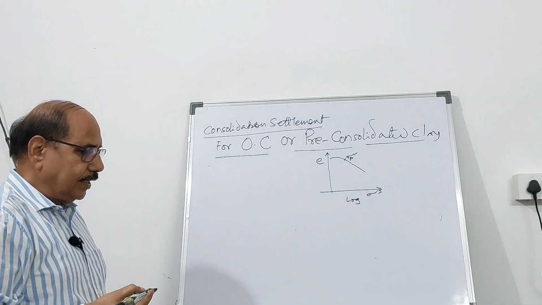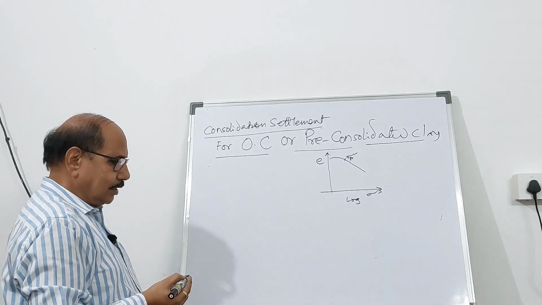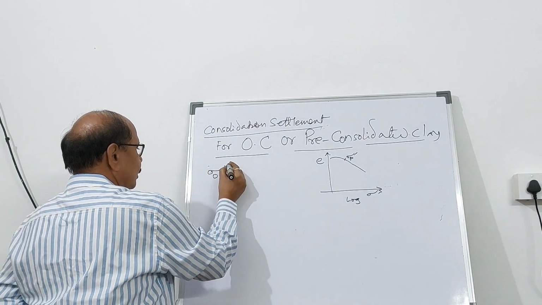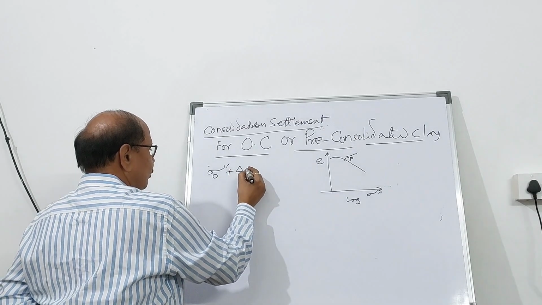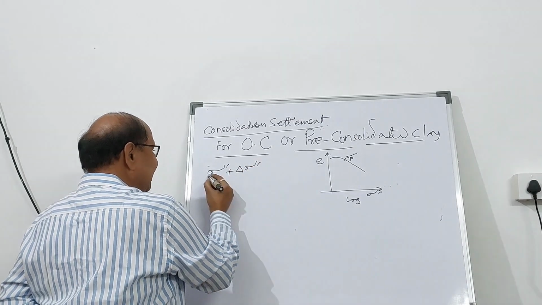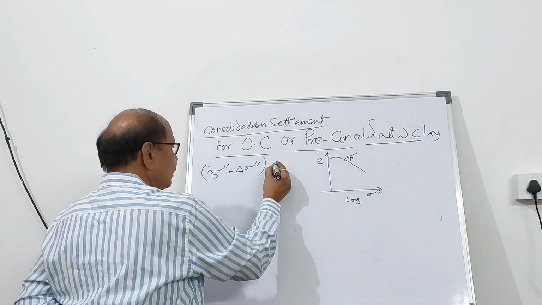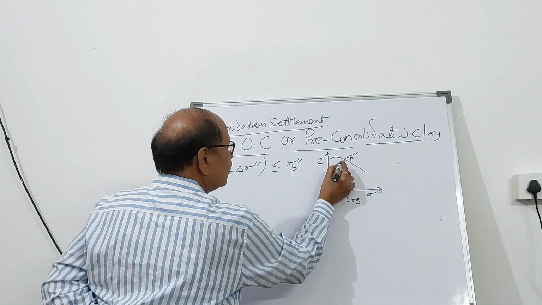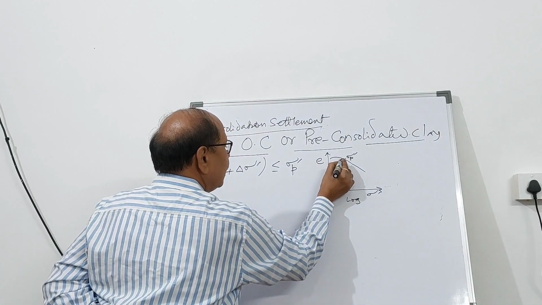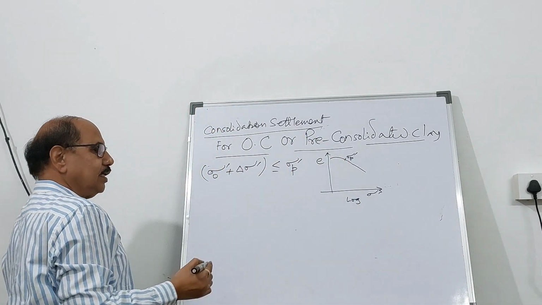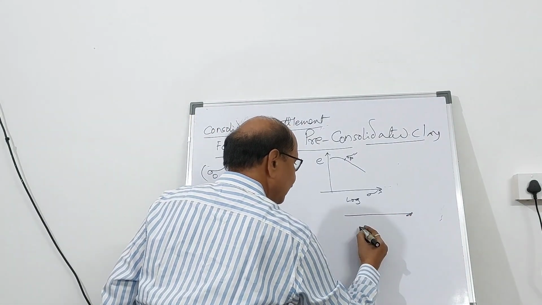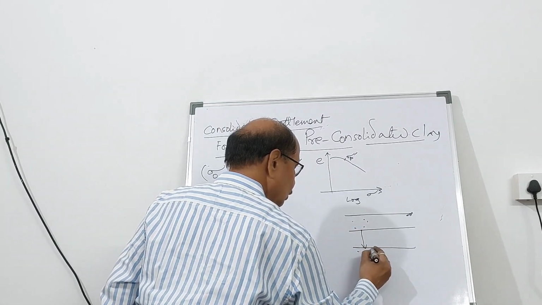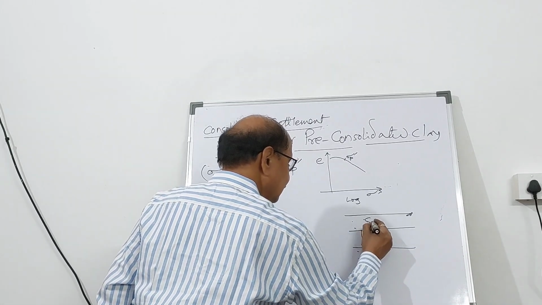So if the over-consolidated soil, if you find that the effective overburden pressure plus this increase in pressure due to the external loading is less than or equal to sigma p prime, that means it is up to this zone. The ground we are considering here, the clay, is sandwiched between two sandy layers.